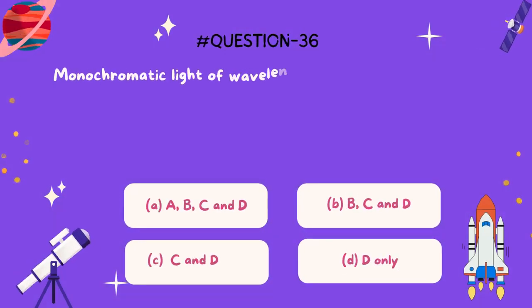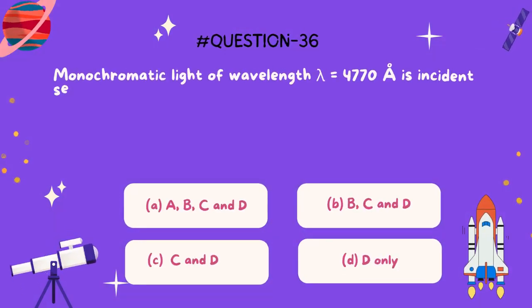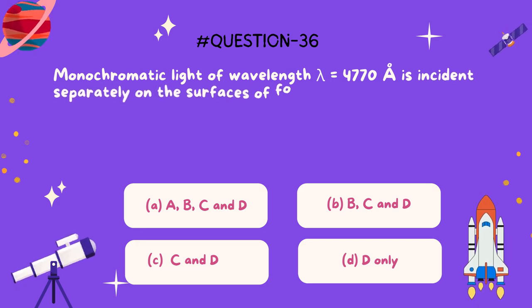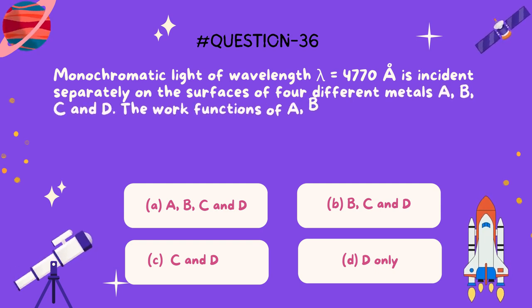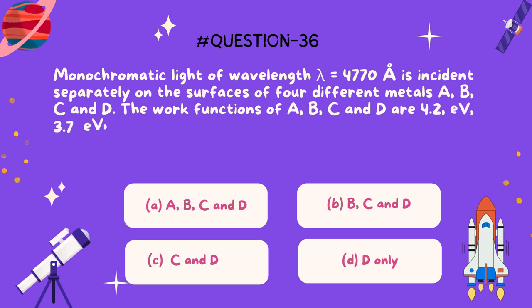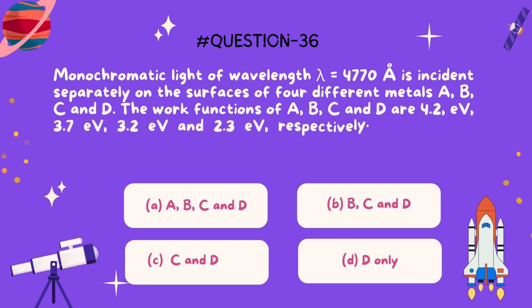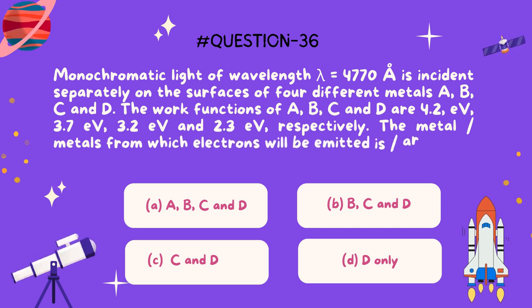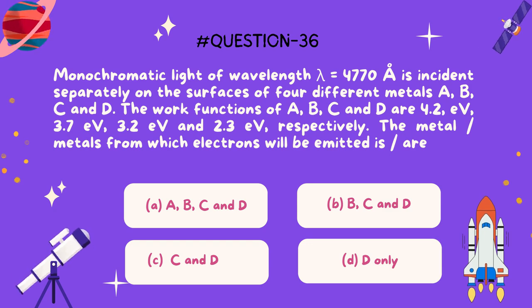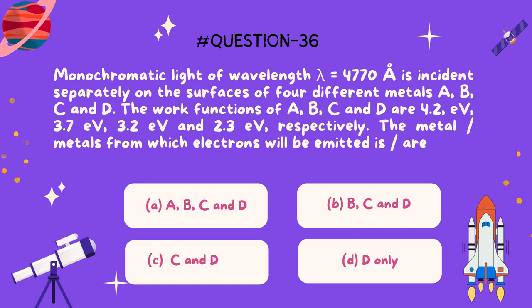36. Monochromatic light of wavelength lambda equals 4770 angstrom is incident separately on the surfaces of 4 different metals, A, B, C, and D. The work functions of A, B, C, and D are 4.2 eV, 3.7 eV, 3.2 eV, and 2.3 eV respectively.